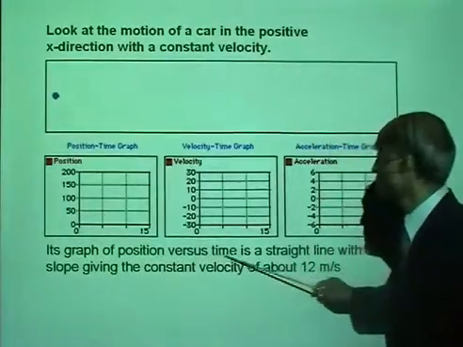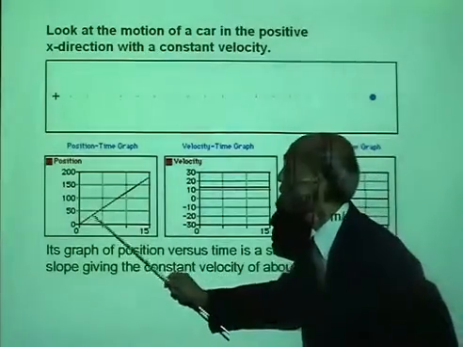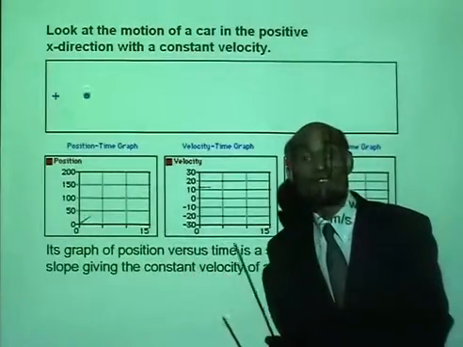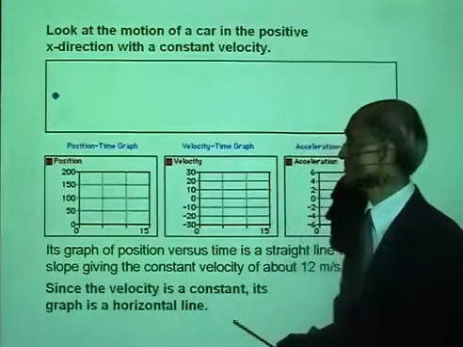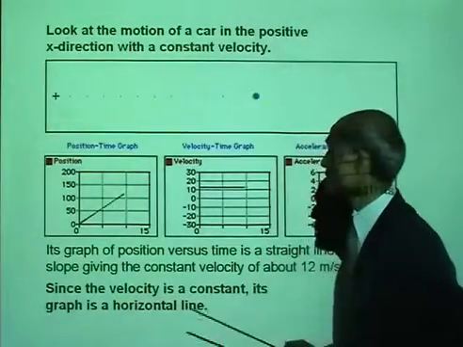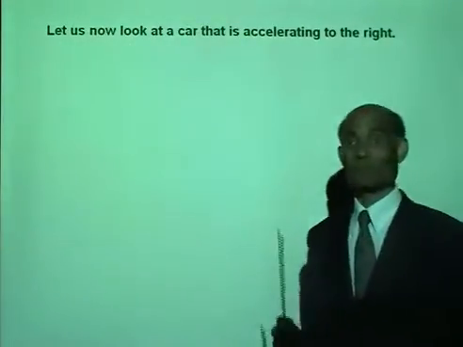Its graph of position versus time is a straight line, and the slope of this graph will give you the uniform velocity. That's what we did in the last class. Now, since the velocity is a constant, that slope is a constant.